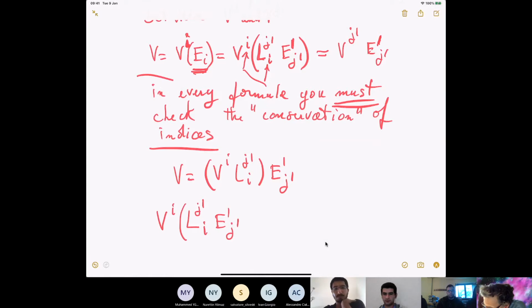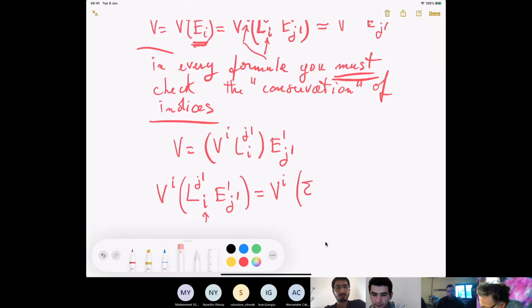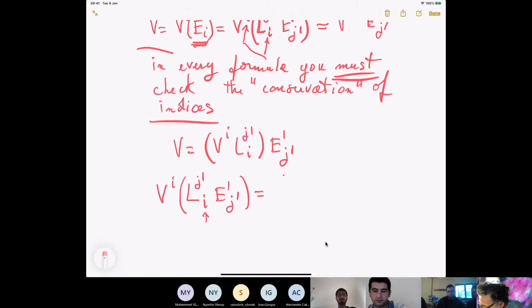So this is a vector with the index i. Okay, and here you have a summation. So you have v^i, I write the summation. Maybe one time, the first time when I'm doing something new, I want to show you that this is not a diabolic trick.